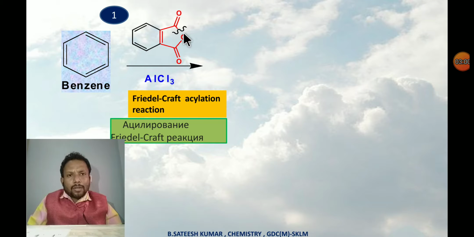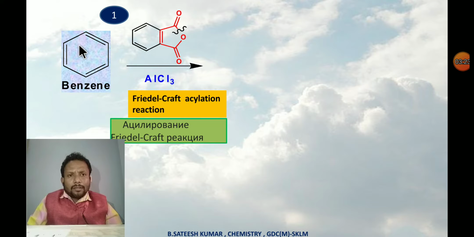When the oxygen gets a positive charge, the bond between the carbonyl carbon of the anhydride and oxygen breaks, so it generates an acyl carbocation. On the other side is a carboxylate ion. This acyl carbocation acts as an electrophile.